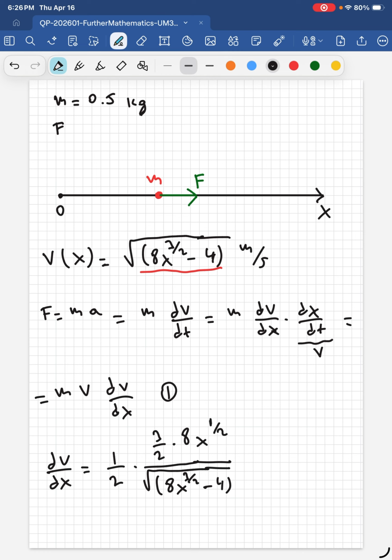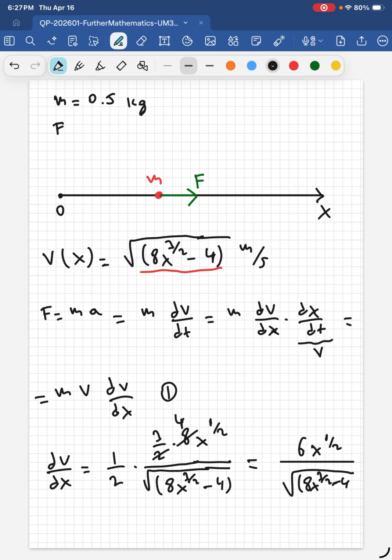So I think this works. Okay, so we can delete this and make this a 4. So 3 times 4 is 12 over 2 makes 6 x to the 1/2 over the square root of 8x to the 3/2 minus 4.